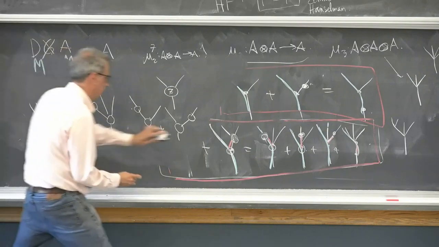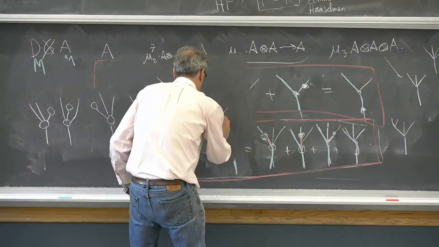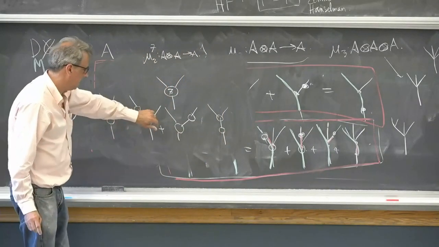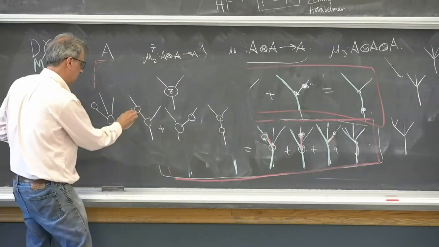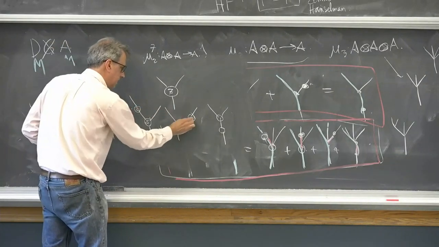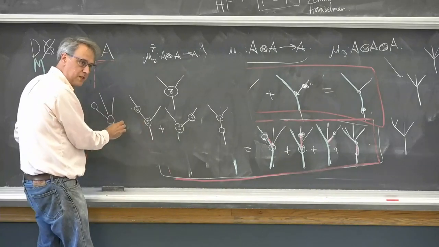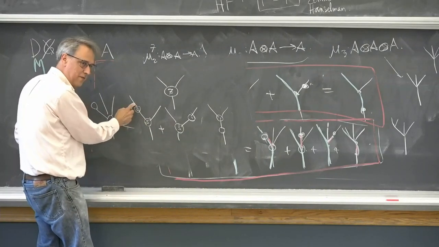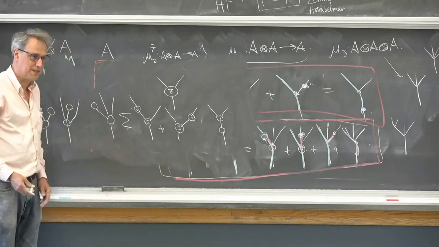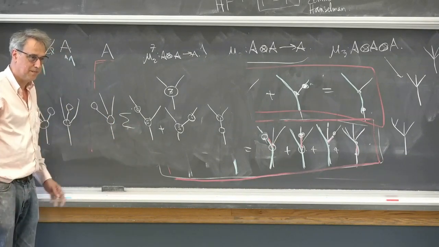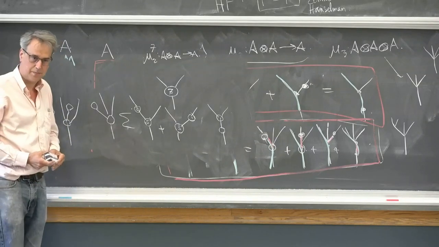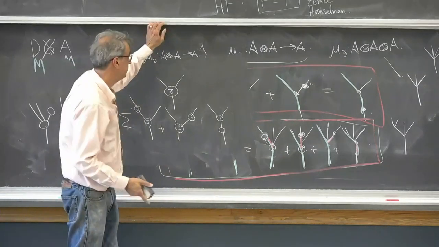Oh, and there's a third term that I didn't put in. So if I had written dots instead of circles, then it was a familiar A-infinity relation, but now I'm going to have to sum over all the different ways of splitting 7 into 2 things. So this is going to be a sum 2 plus 5, 1 plus 6, and so on. Okay? A sum of a bunch of terms. It's one of the problems with this subject that there are too many terms. But that's how it works. So let me give you now a particular A-infinity algebra, which is relevant to the torus.